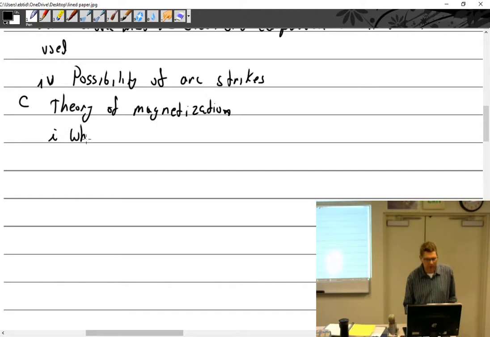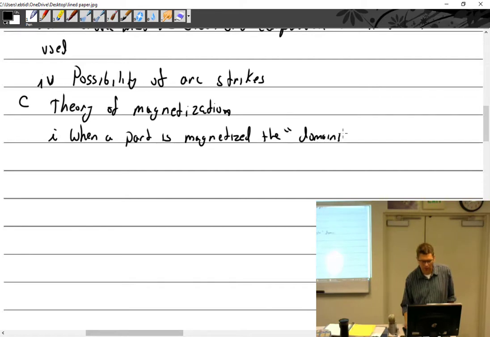So when a part is magnetized, the domains line up.